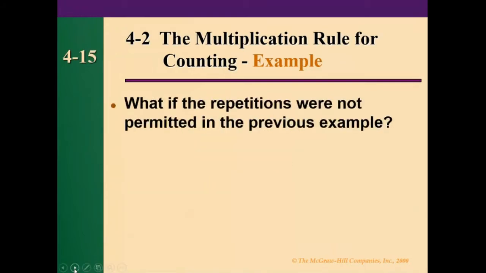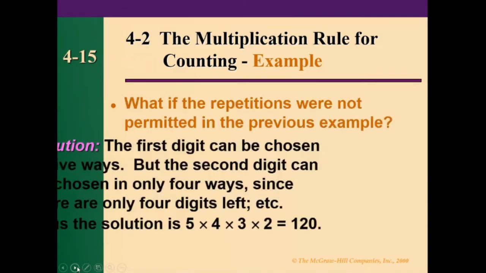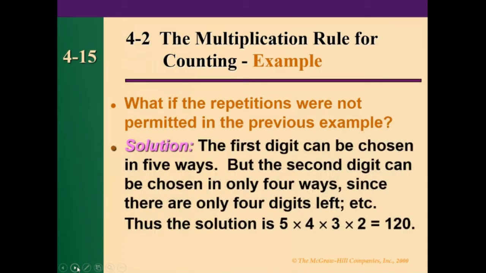So what if the repetitions were not permitted in the previous example? That means, you can't reuse a number that has already been used. There will be 4 different numbers or 4 different letters. So the first digit can be chosen in 5 ways. The second digit can be chosen only in 4 ways, since there are only 4 digits left, etc. It goes in sequence.